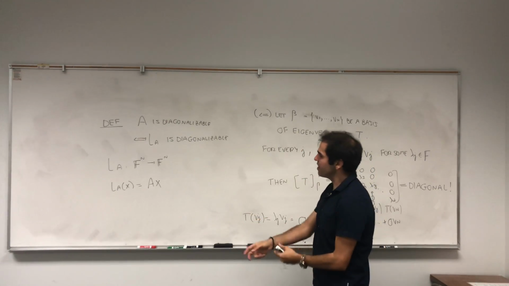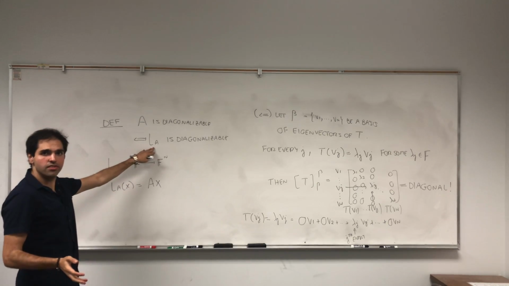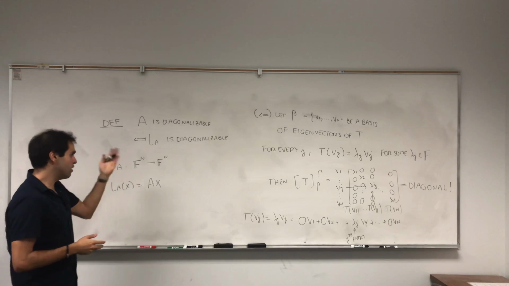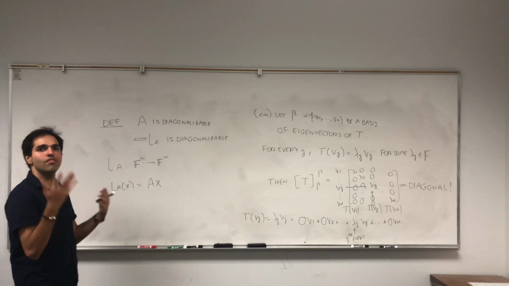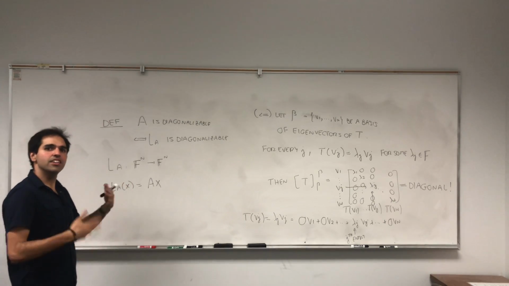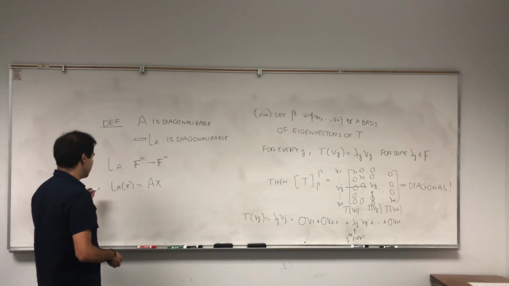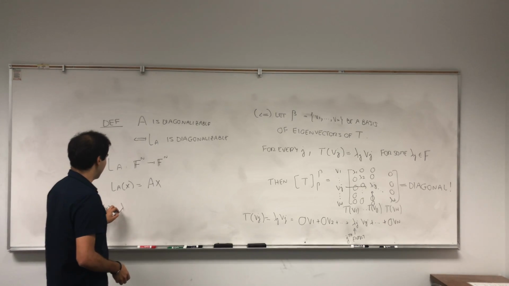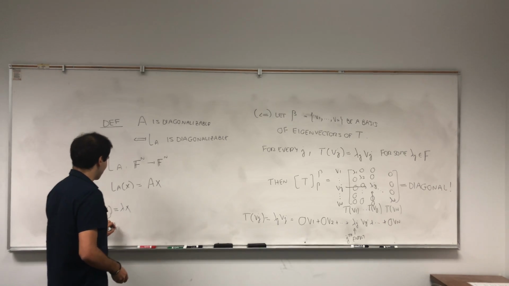And in particular, what does that mean? It means that there is a basis for which LA is diagonal, but also there exists a basis of eigenvectors of LA, which is the same thing as saying there exists a basis of eigenvectors of A. Because if, let's say, LA x equals lambda x, this just means Ax equals lambda x.